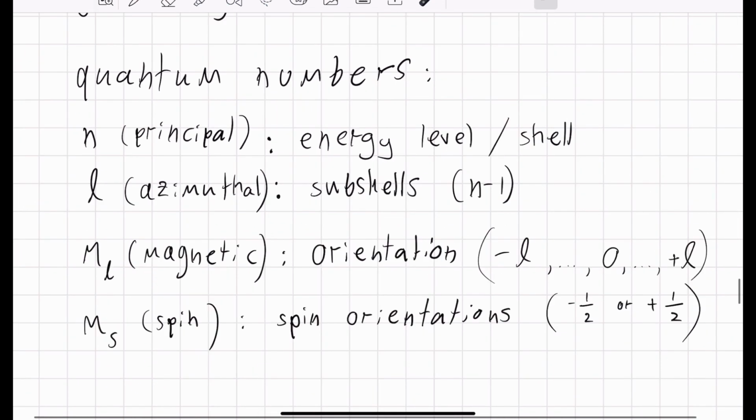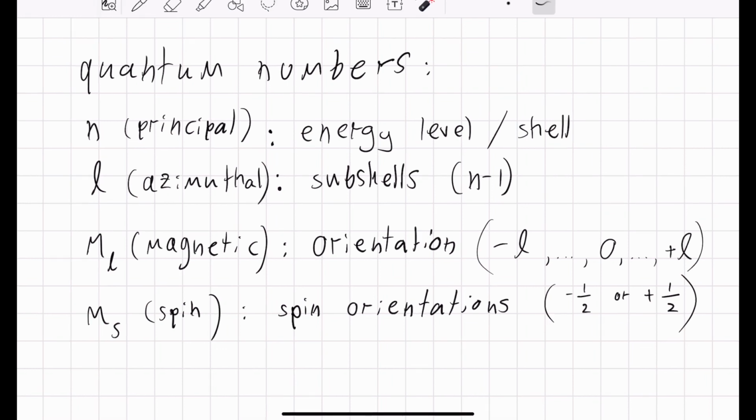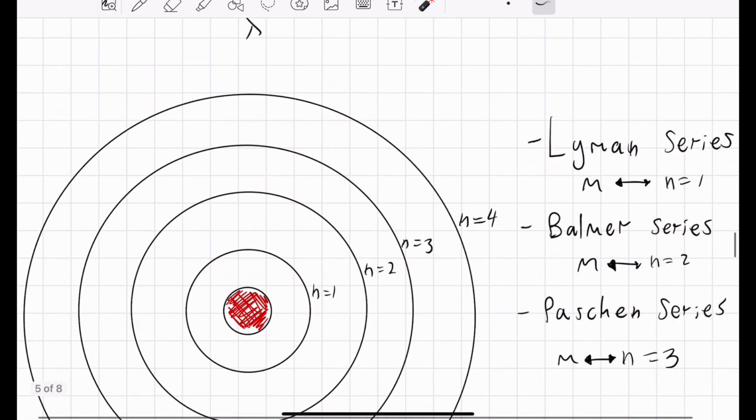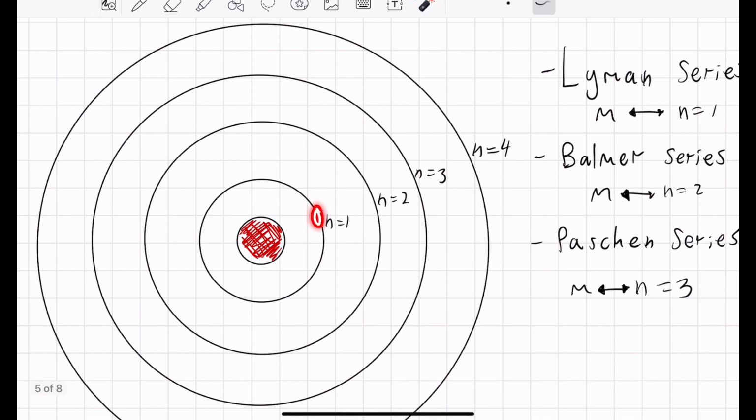And then there's quantum numbers for these electron orbitals or clouds. So to describe electrons, there's the principal or n number, and this describes the energy level or shell that the electron resides in. So if we go back to our Bohr model here, if an electron is here and the n equals 1, well, yeah, n equals 1.